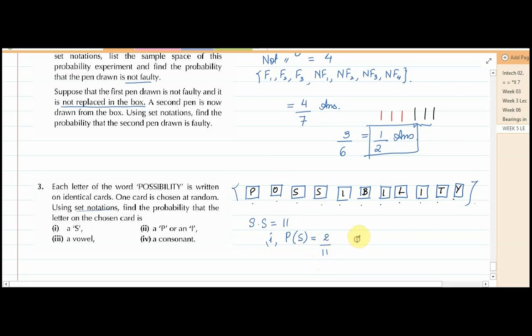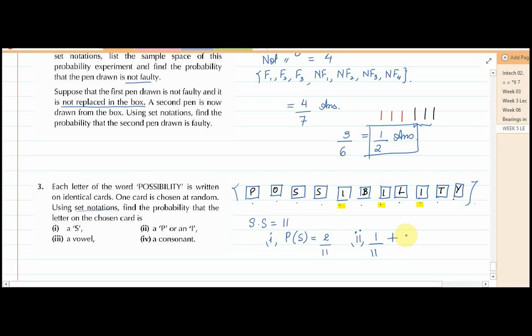For our second part, it says a P or an I. First, you need to find the possibility of P. P occurs only one time, right? So it will be 1 divided by 11 plus, if you talk about I, and I am going to shade the letter I, 1, 2, 3, right?